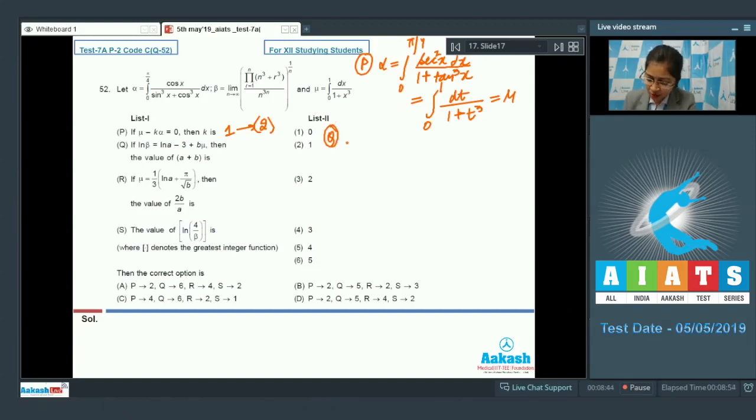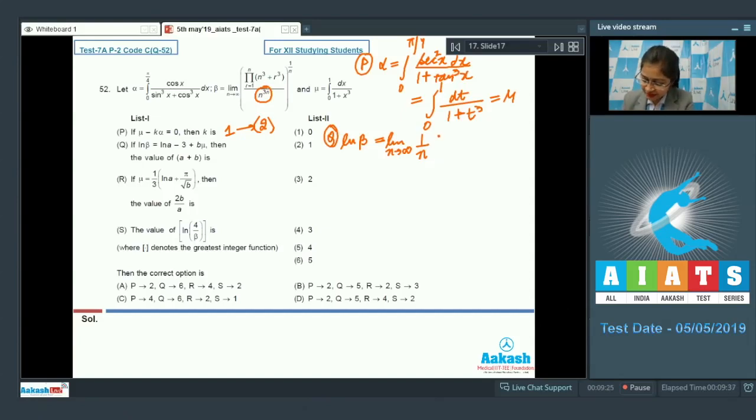So let's find the value of ln beta here, that is equal to limit n tending to infinity, taking ln. 1 by n can be taken out, so it is equal to 1 by n into, now here it is n raised to the power 3n, so we have n terms, so n cube can be given to each term.